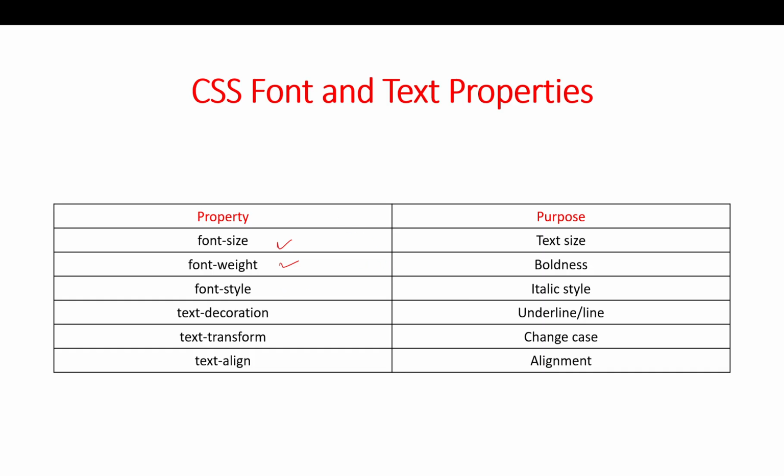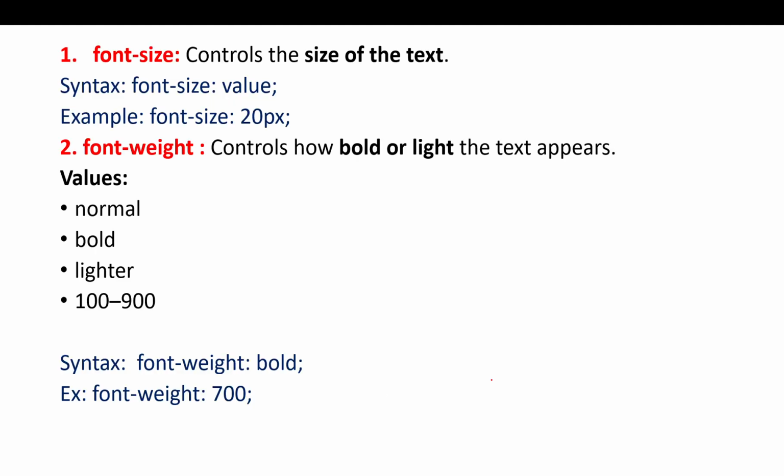And we have the text decoration, where we can underline the text, and text transform, where we can change the case from upper to lower, lower to upper. And the last one is text align, where we can align the text either on the left side or the right side or center or justification. Okay, let's see each property one by one.